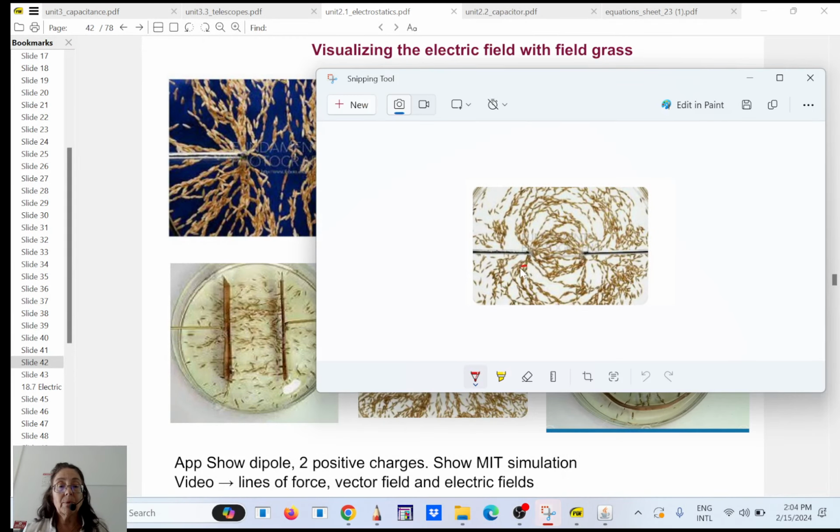So let's say the voltage is delta V. For example, here you could have 25 volts. Here you have 0 volts. So 1 coulomb of charge placed here will have an energy of, what's the definition of voltage?